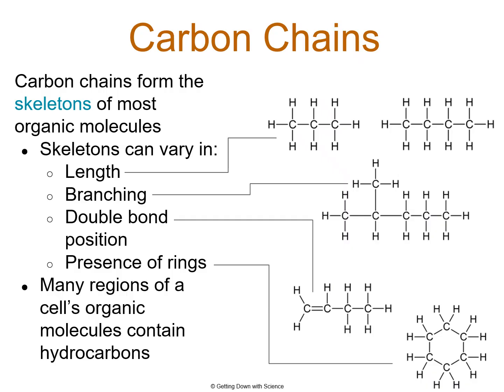We can also see them in some sugars, but not all. You can see the length changes, there's extra branching, there might be double bonding, or a presence of rings. So the skeleton can change, meaning it changes the function, right? Our skeleton and a dog's skeleton is not the same. It's the same thing for carbon chains.